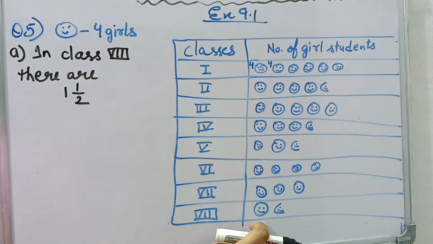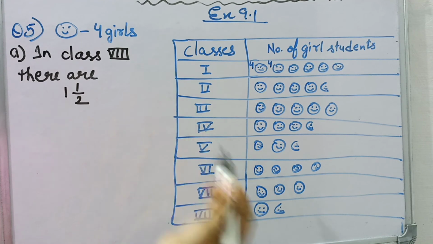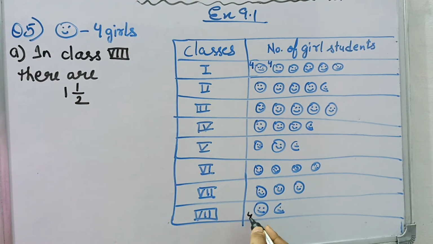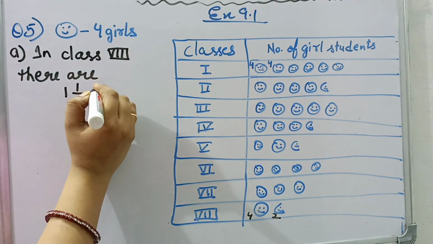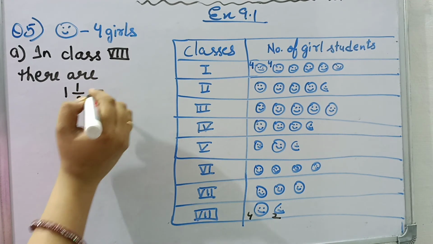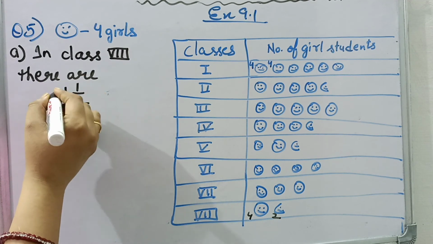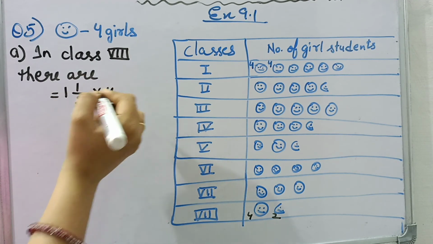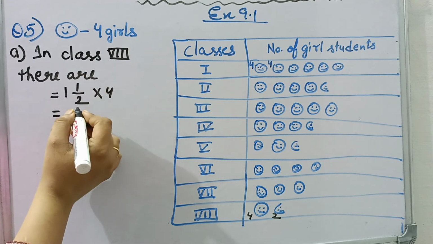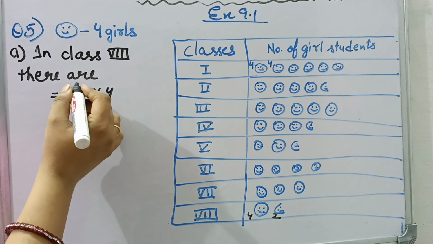Now how will we find out the number of students? This one face means 4 girls, so this is for 4, and this half face means half of 4, which is 2. How will we find it out here? We will multiply this 1.5 with 4. Now convert this mixed fraction into an improper fraction.